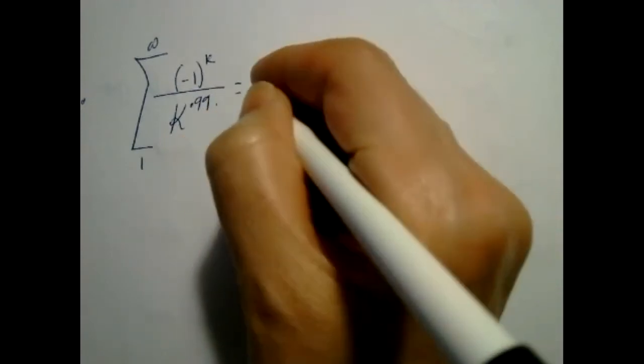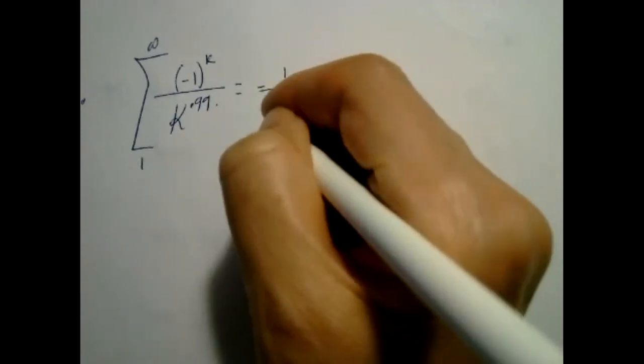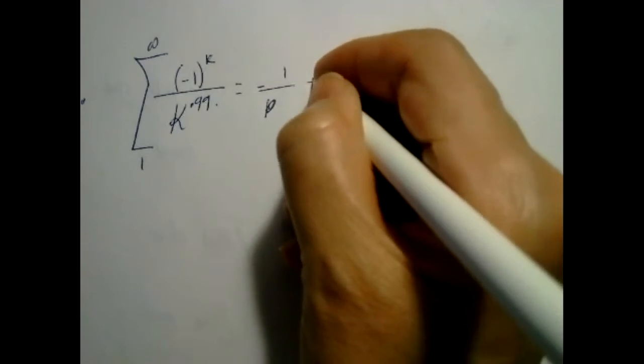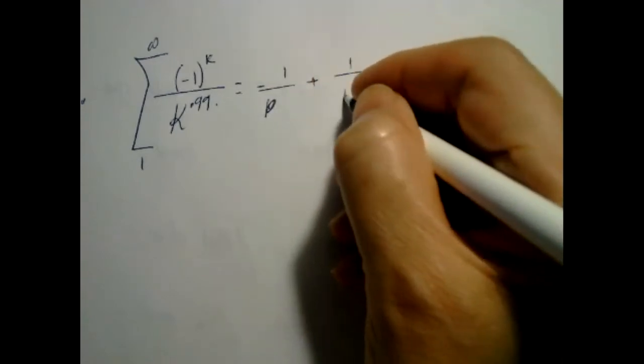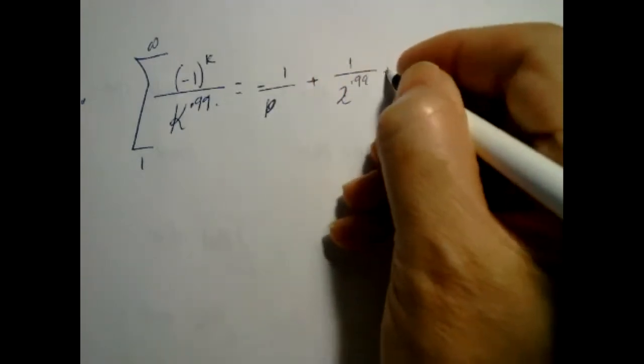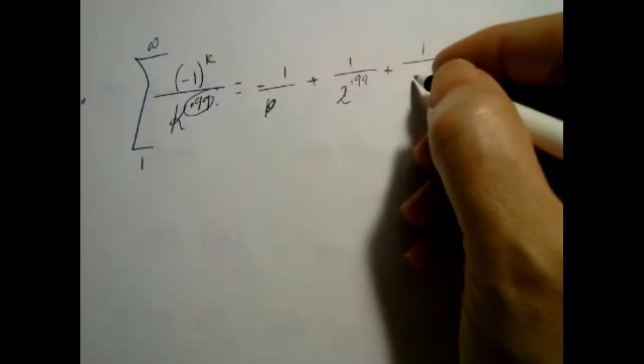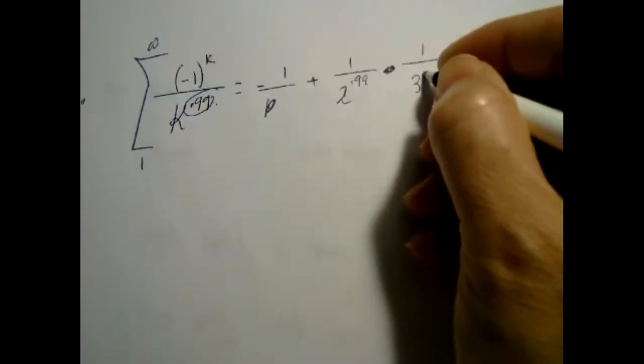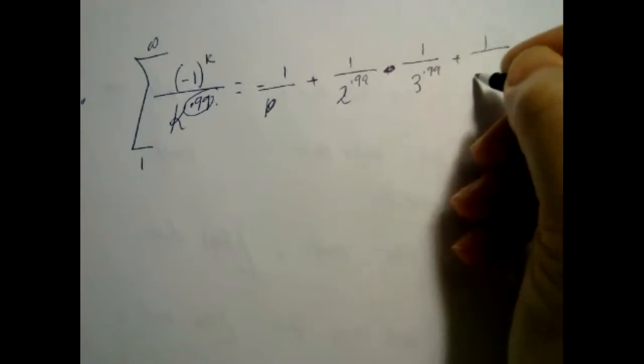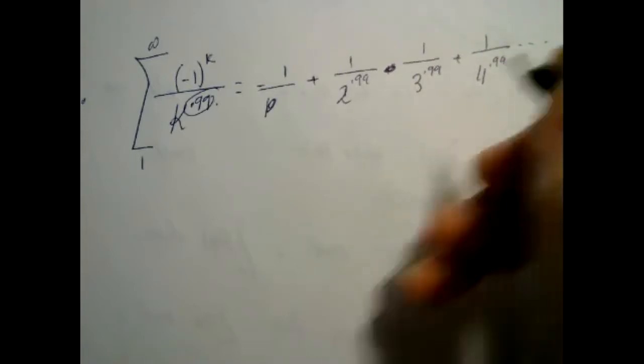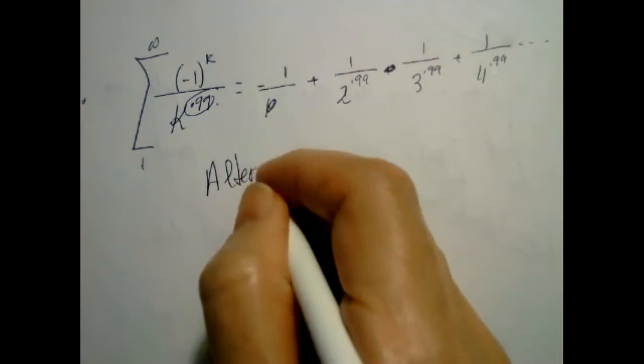If I start writing it out, what type of series do I get? Exactly. Plus, minus, plus 1/3, minus 1/4, and so on. So this is absolutely an alternating series.